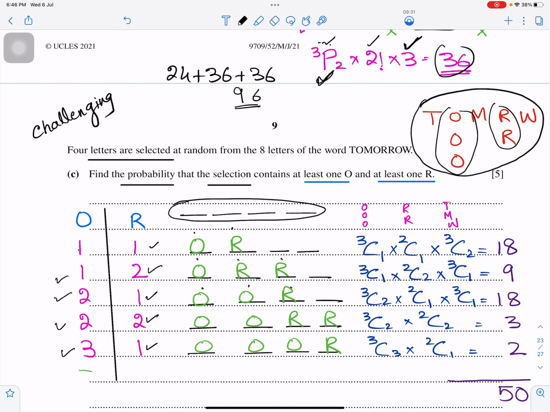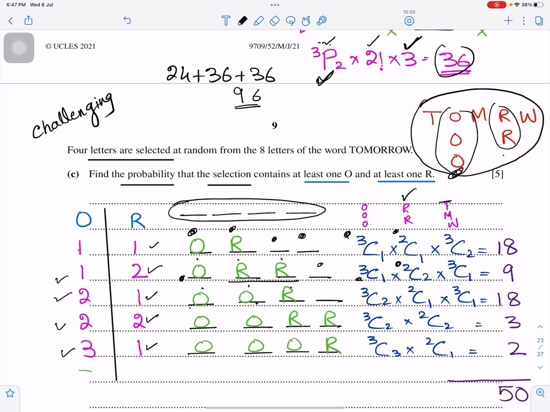Now if you see here, I have 3 O's, so for this one I'm writing 3C1 and for this one I'm writing 2C1. Why? Because there are 2 R's. And the remaining letters are T, M, W and there are 2 places, so I'm writing 3C2. Similarly for this one I'm writing 3C1, for this 2C2, and for this one 3C1.